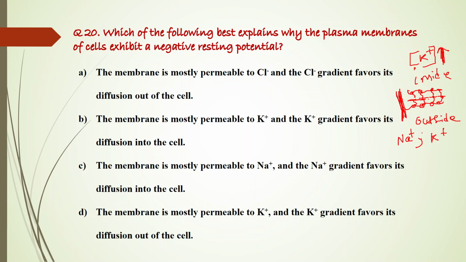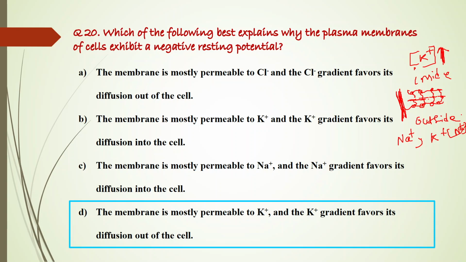Whereas the concentration of Na plus ions is higher outside the cells. Okay. So let us look at the option. To maintain this potential, what do you need? You will always need a greater concentration of K plus inside.